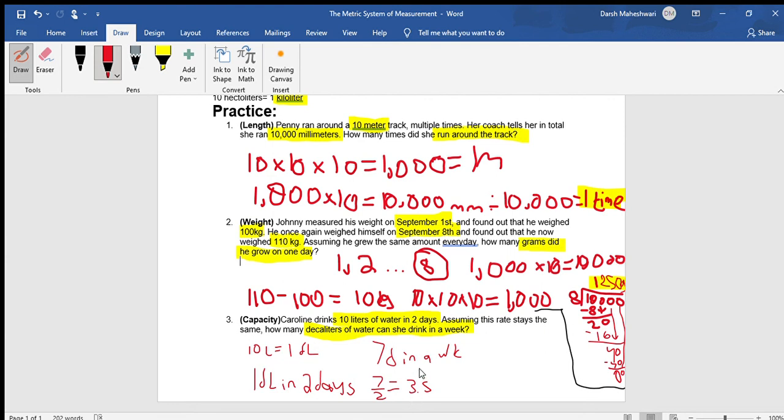So it would be 3.5 days we were measuring. So we have to multiply 3.5 times this 1 deciliter. So 3.5 times 1 would be equal to 3.5 deciliters. So this would be our answer for the last practice problem.